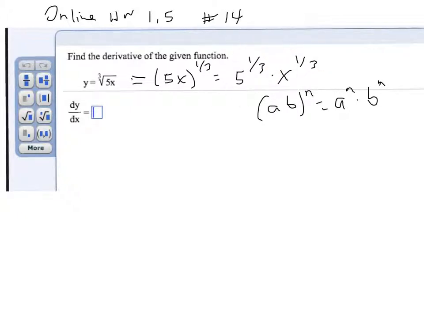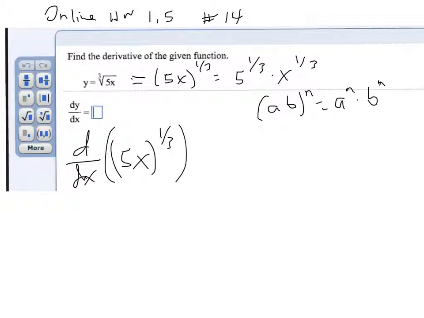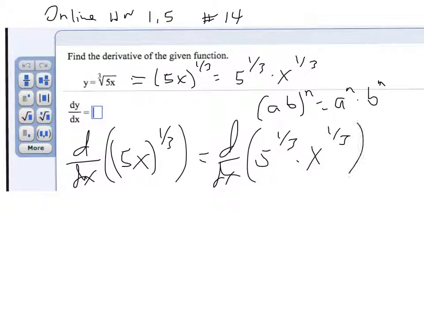So when we calculate this derivative, the derivative of 5x to the 1/3 is the same thing as the derivative of 5 to the 1/3 times x to the 1/3. And that's the same thing as, well, we know that when there's a number, we don't have to do anything with it.